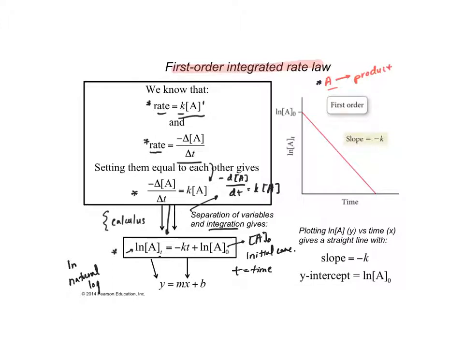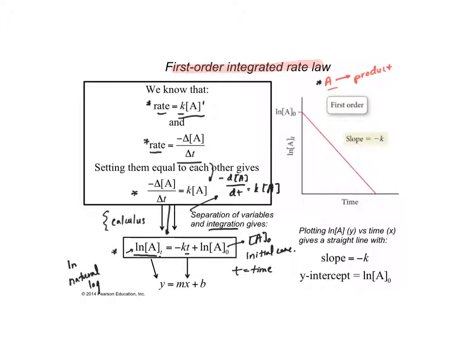You will hopefully notice that this takes on the form of a straight line equation. We have a dependent variable, the natural logarithm of the concentration of A, equal to something times time, and time is our independent variable, our x, plus something else.